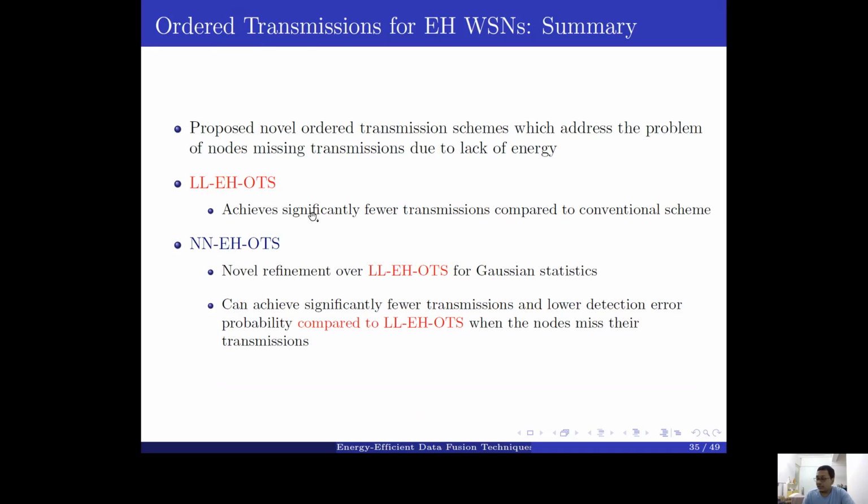We also proposed NH-OTS scheme, which is a refinement of LH-OTS for Gaussian statistics, and it not only achieved significantly fewer transmissions compared to LH-OTS, but also a smaller detection error probability, especially when the nodes miss their transmissions.